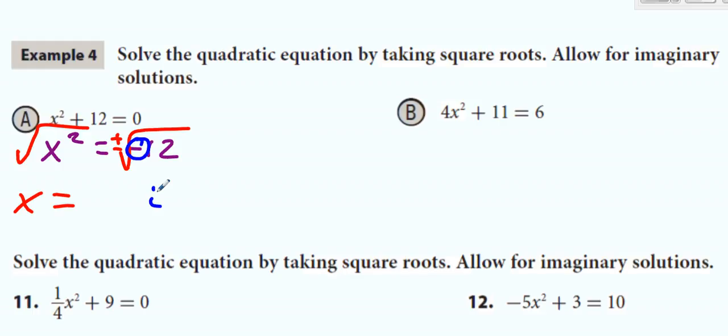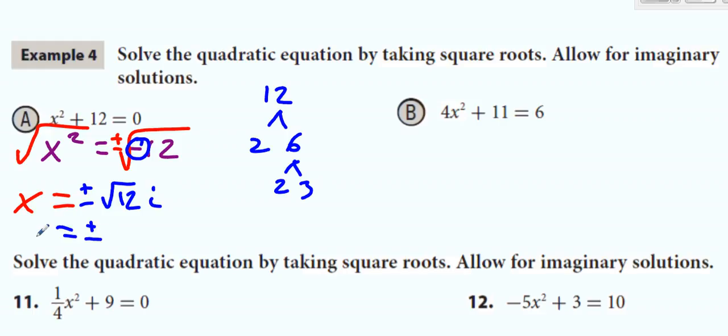We still do the square root of 12 the way we would always do square root of 12, which means we have to break it down to be 2 times 6, 2 times 3. So when you break it down, you get a pair of 2's.